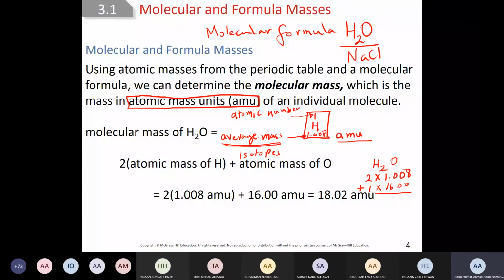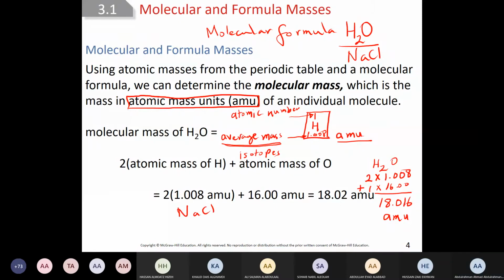What's the total mass? 18.02. What's the unit? AMU. Excellent.